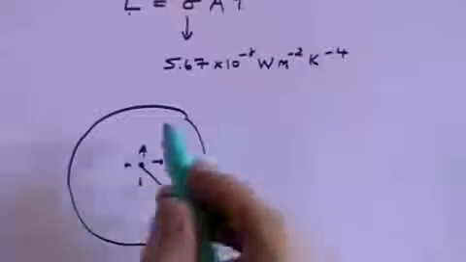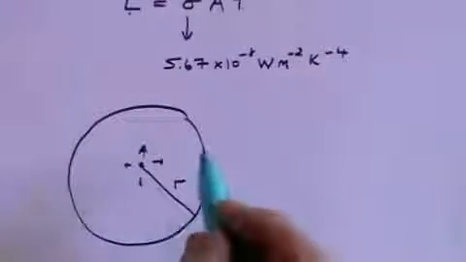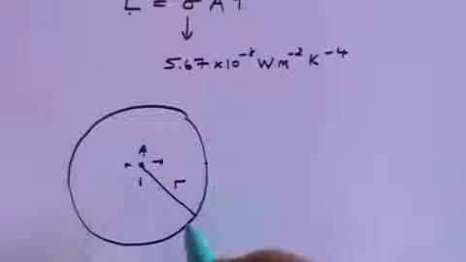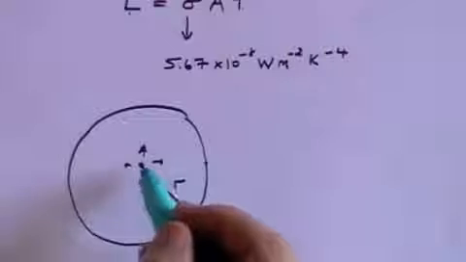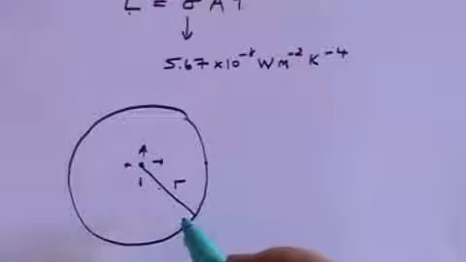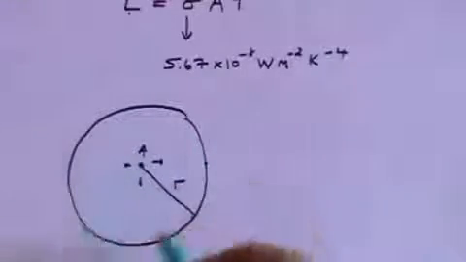I'm not suggesting it's a physical shell, I'm just drawing a shell, as it were, around the star. That intensity will be spread out over the whole of the surface area of that sphere.